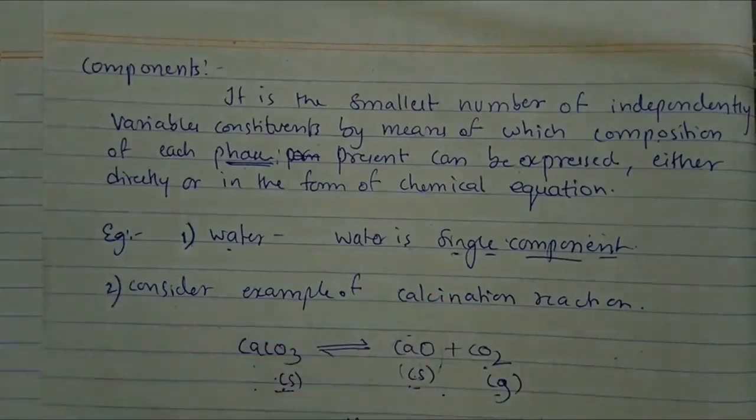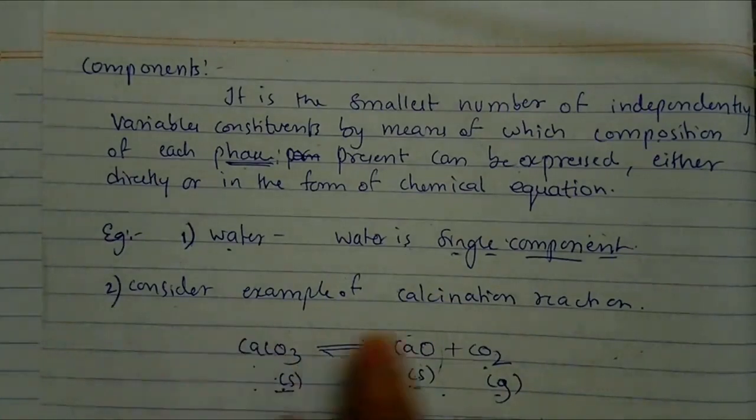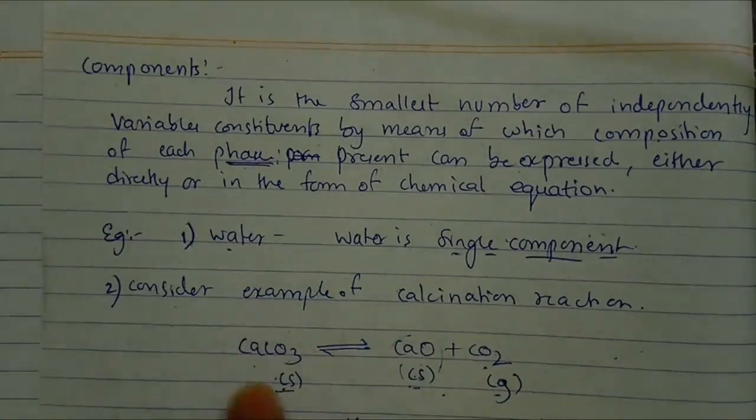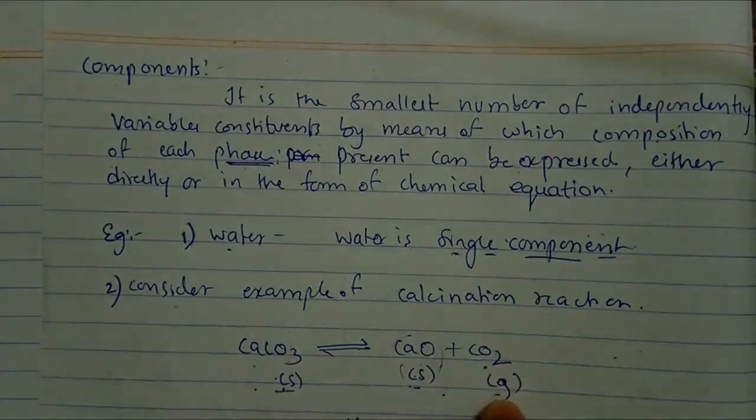The second example is a bit more complicated, and that is your calcination reaction. In the calcination reaction, calcium carbonate is decomposing to calcium oxide and carbon dioxide. As already discussed, it is a three-phase system: calcium carbonate is one phase, calcium oxide another phase, and carbon dioxide a different gas phase.